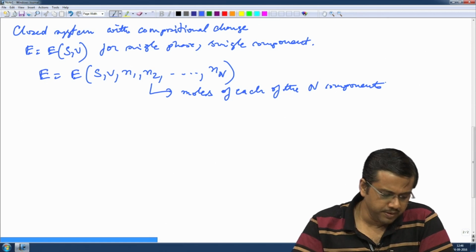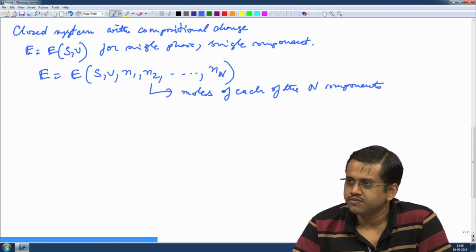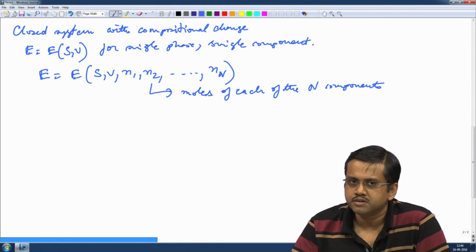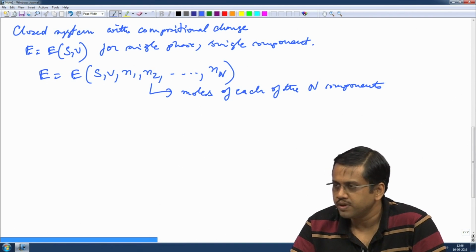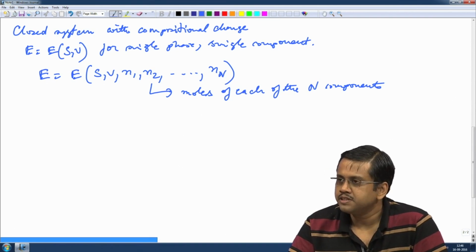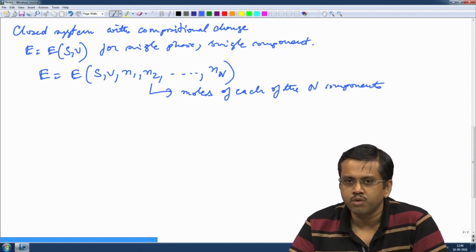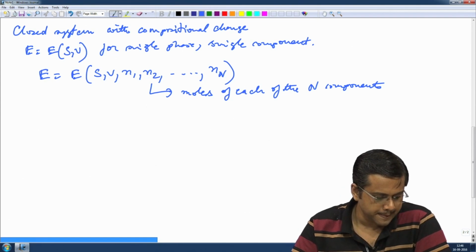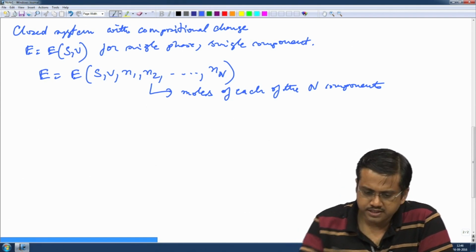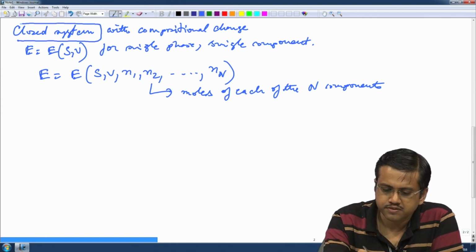Understood? So, that means now the internal energy is not just a function of two independent properties, in this case entropy and volume, it is also a function of the different moles of the individual components that are present in the system. And this is a closed system if you recall.